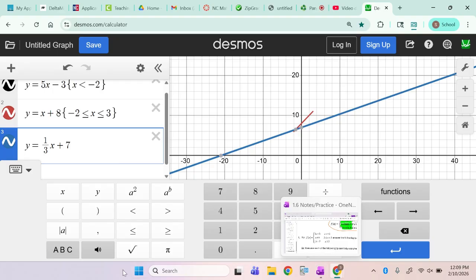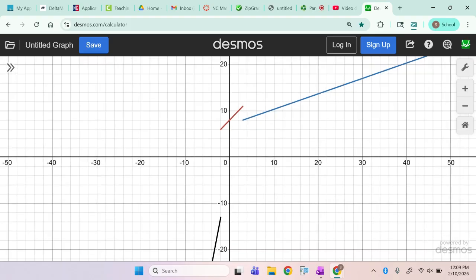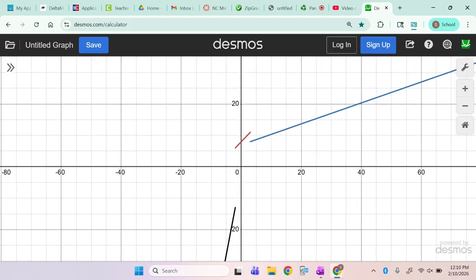And it's going to be when x is greater than 3. So let's just look at this graph for a second. Now do you see why I call this the Frankenstein of graphs? It's literally pieces of the graphs. They don't necessarily connect either.